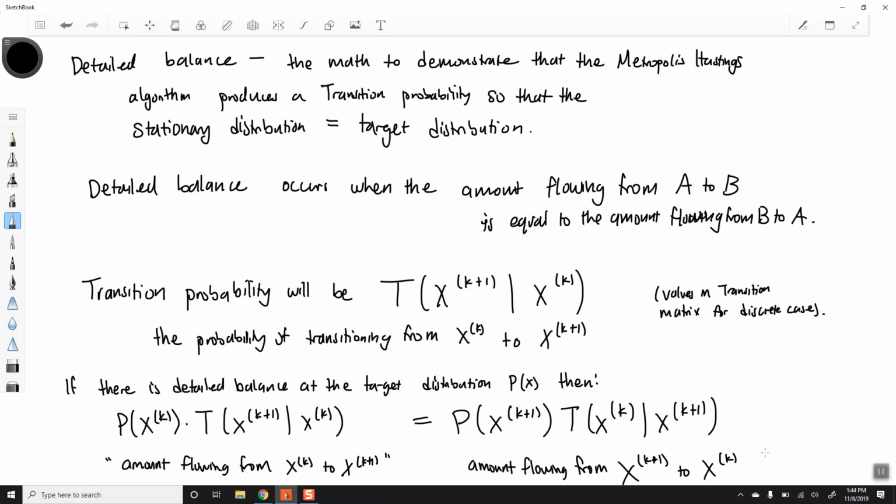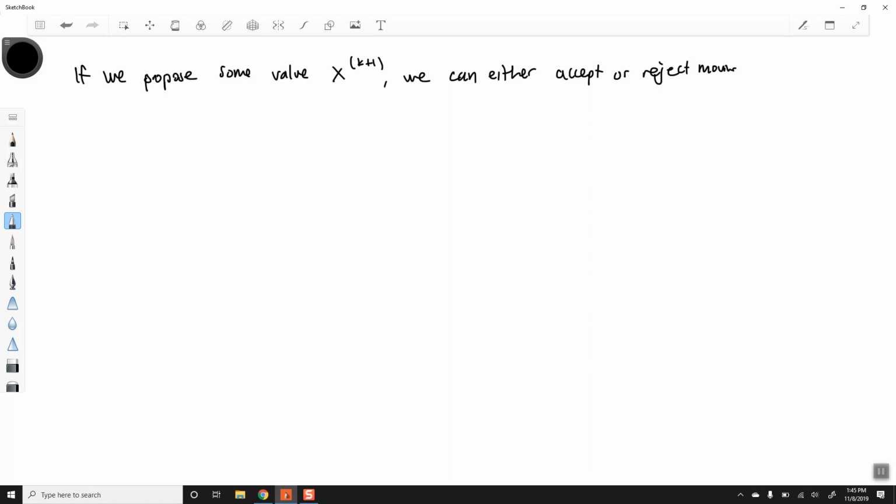And so whenever we propose some value, we can either accept it and move to that new proposed value, or we can reject it, right? So if we propose some value, x super k plus 1, we can either accept or reject moving there. Okay, the rejection case is trivial.